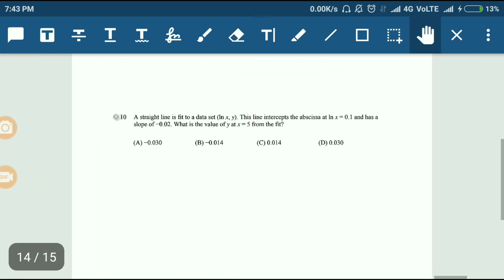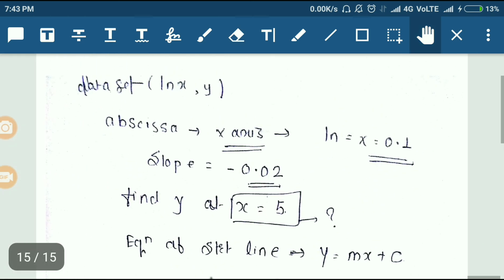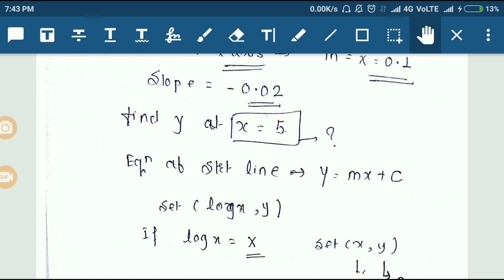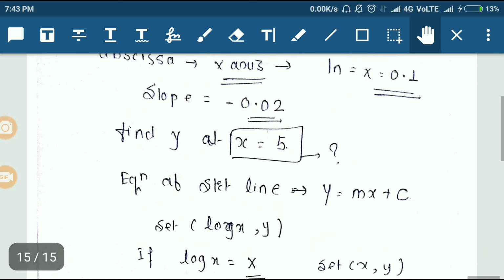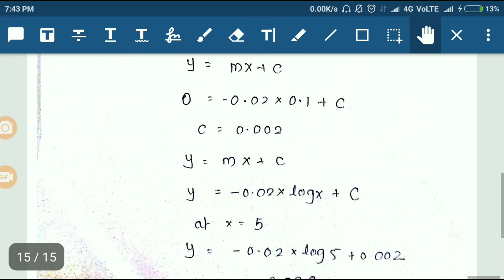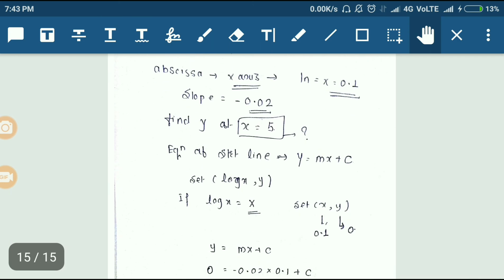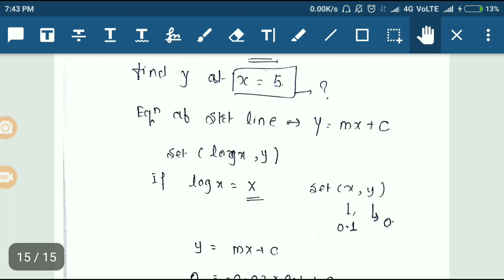This question is really very simple, and since we have the slope and the x coordinate, we can put this into y equals mx plus c and find the coordinate of y. Over here I have put ln of x equals 0.1, y equals 0, and so we get the value of C, and we have the value of m as well.